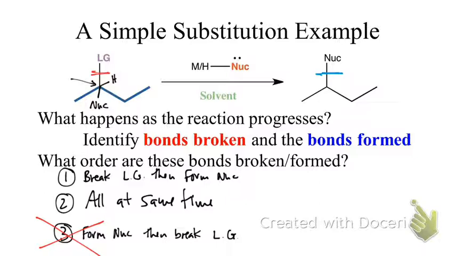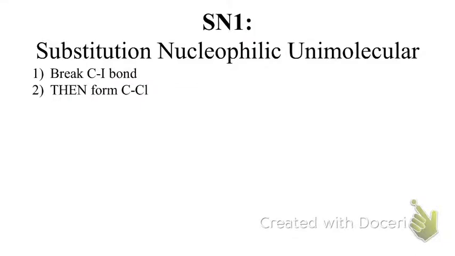The next part of this is trying to put together mechanisms. I'm going to draw out these mechanisms really fast and discuss them as we go through, very briefly. Since I've already got it prompted there, we'll break our bond first.